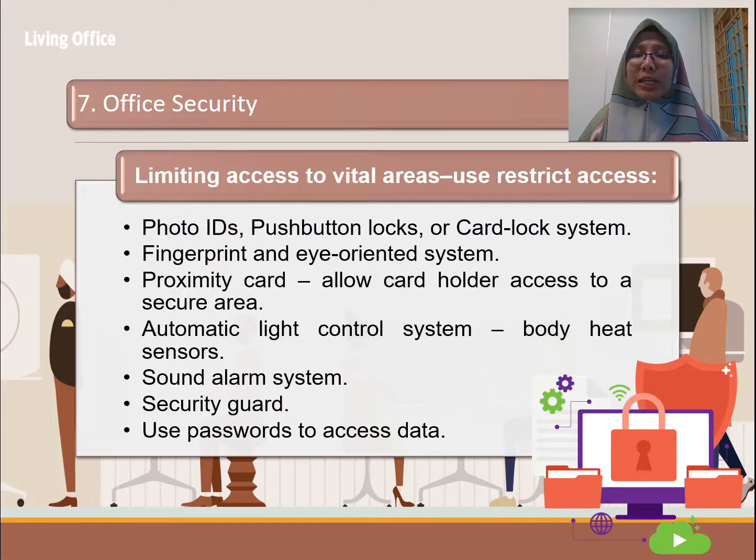And you also need to use the sound alarm system, and then yes, we are going to use the security guard, and lastly you need to use a password to access any vital information data. So these are how we are going to limit access to vital areas. So we are using this kind of system or technique to make sure of the restriction of the area.